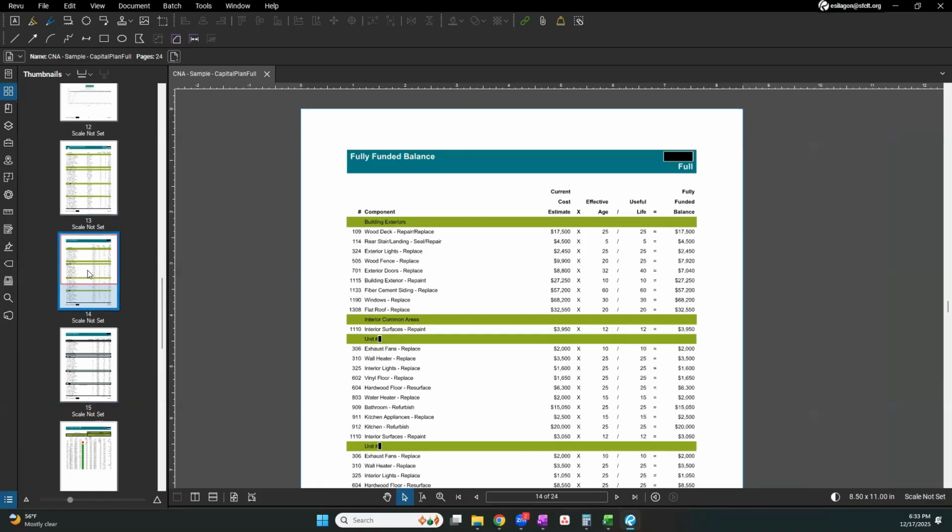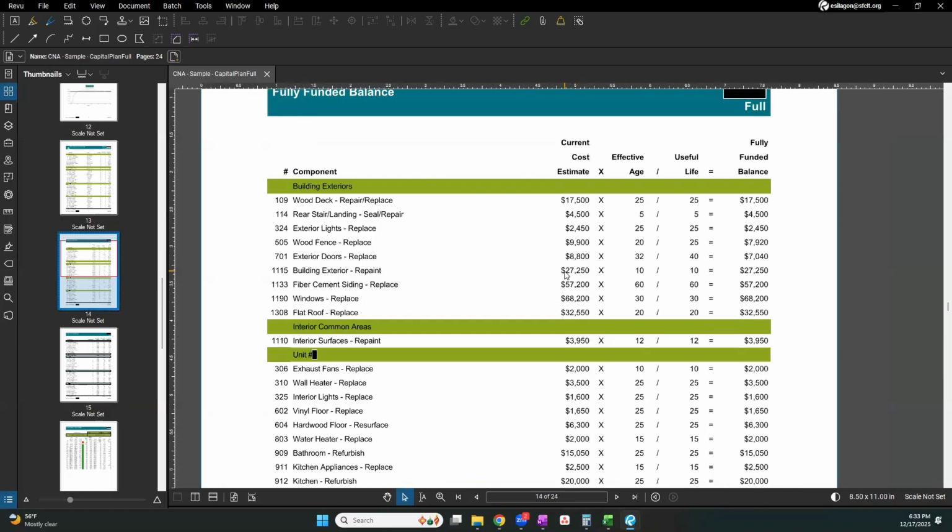All right, and then next, we have the chart of the fully funded balance. I don't use this one very often, but what this is showing us is that if we look at the wood fence again, for example, to fully replace the wood fence today would be $9,900.